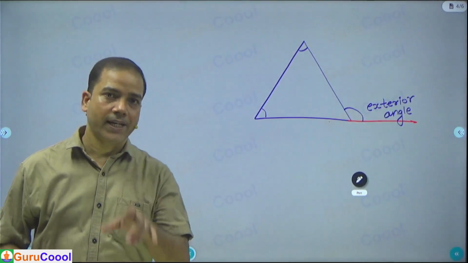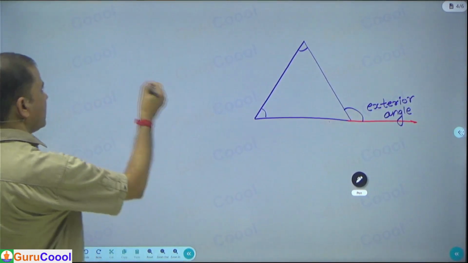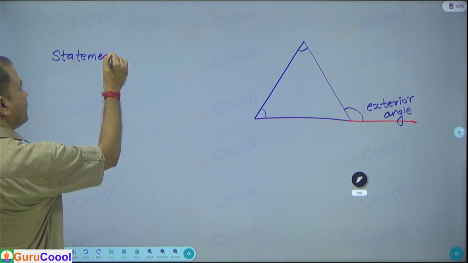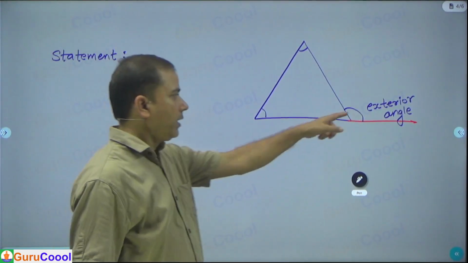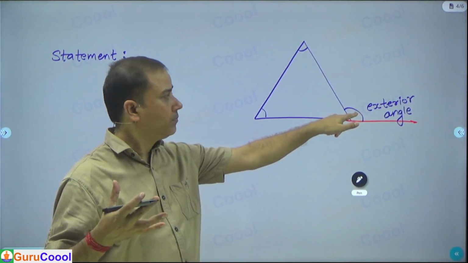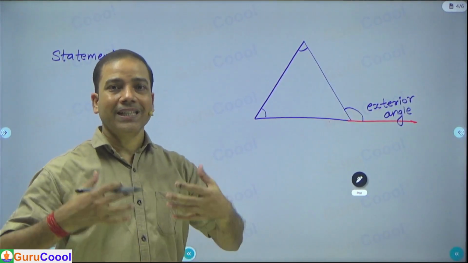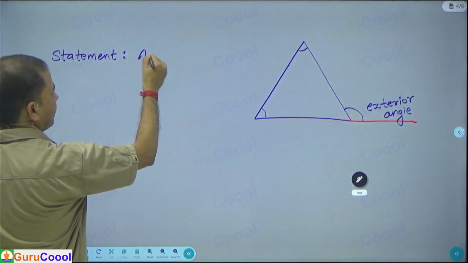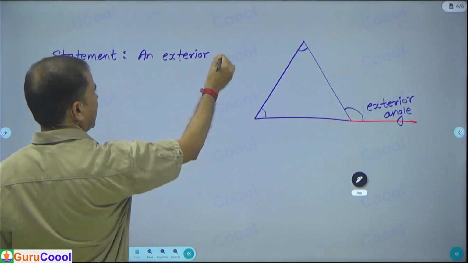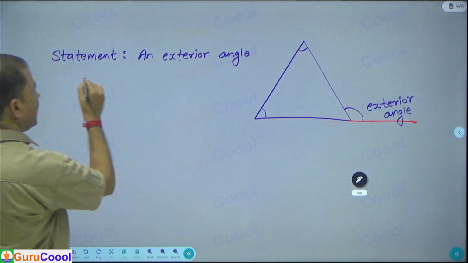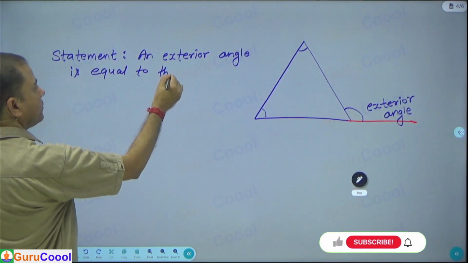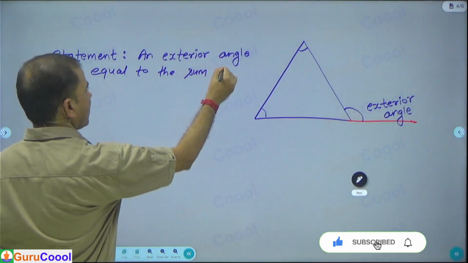So now the time is to understand the exterior angle property. What does the property say? Here is the statement. The exterior angle of a triangle is equal to the sum of the opposite interior angles.